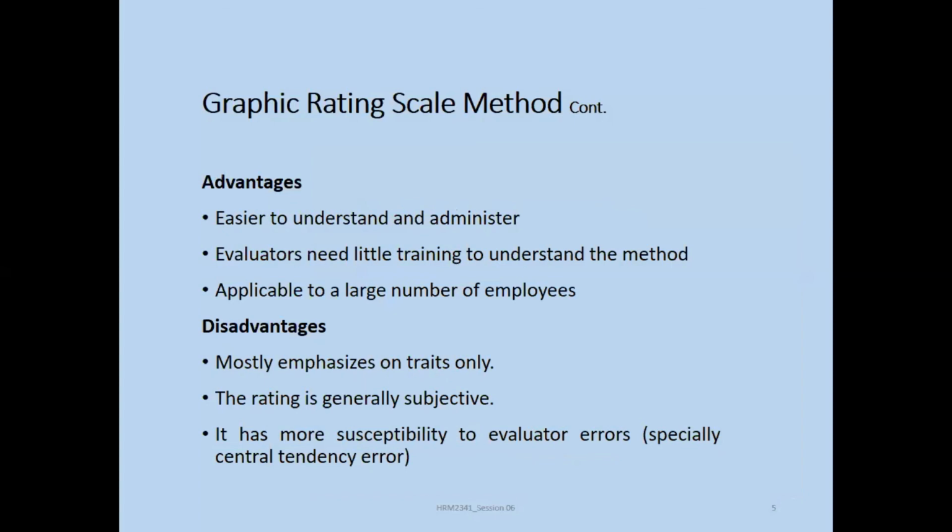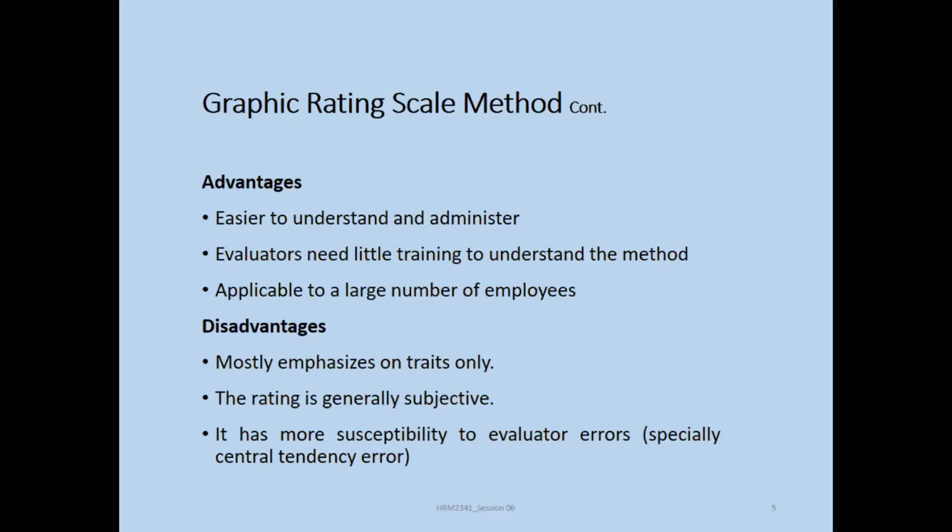Next, we can move to the disadvantages. There are some disadvantages here. It mostly emphasizes trait criteria only. When we consider performance evaluation criteria, we can develop, as we already discussed in our previous session, criteria on traits, behaviors, or results.